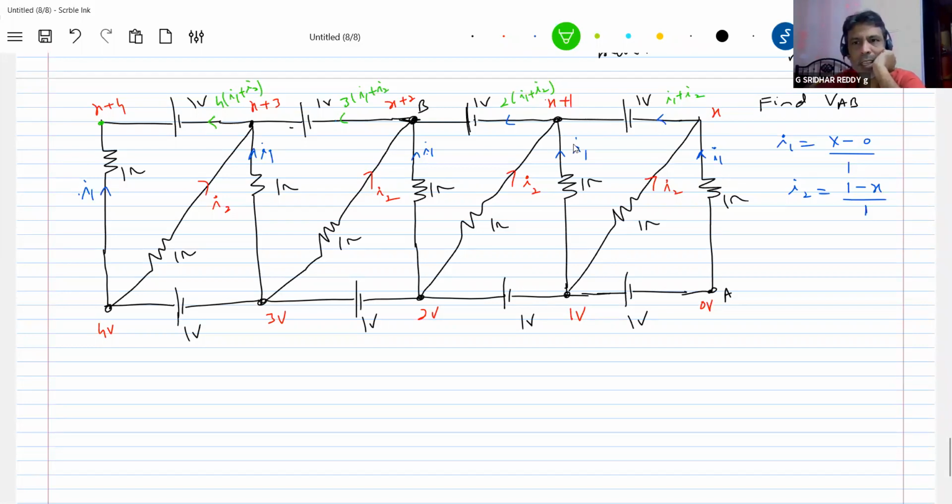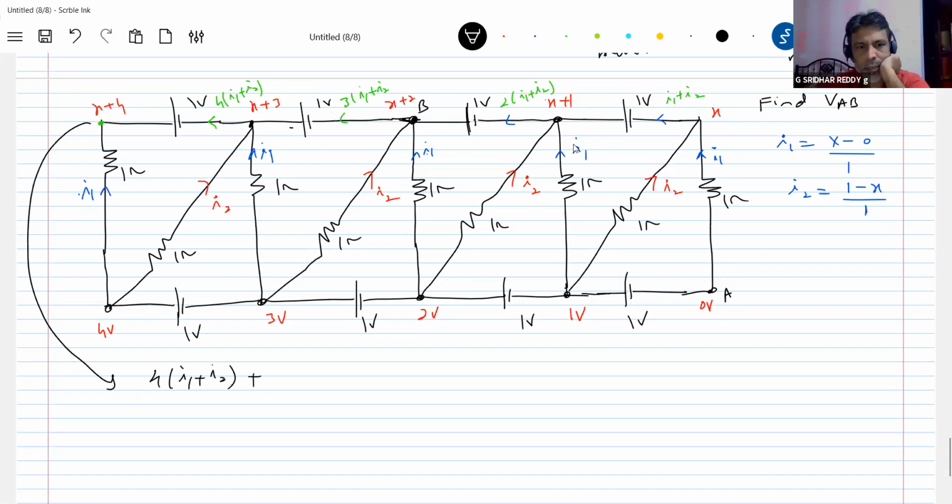Or if you want to write I1 plus I2 as I, this will be 2I, 3I, 4I, any method. Looking at this junction, the equation is 4 I1 plus I2 plus I1 equal to 0.